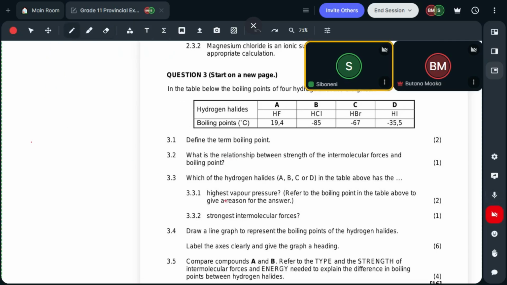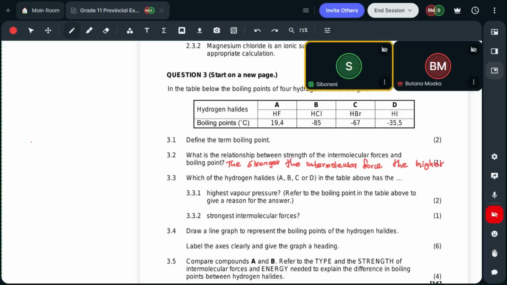Do you know what is the reason for that? Energy to overcome. More energy is needed to separate molecules. You understand? Yes. The stronger the intermolecular force, this gives us the higher the boiling point.